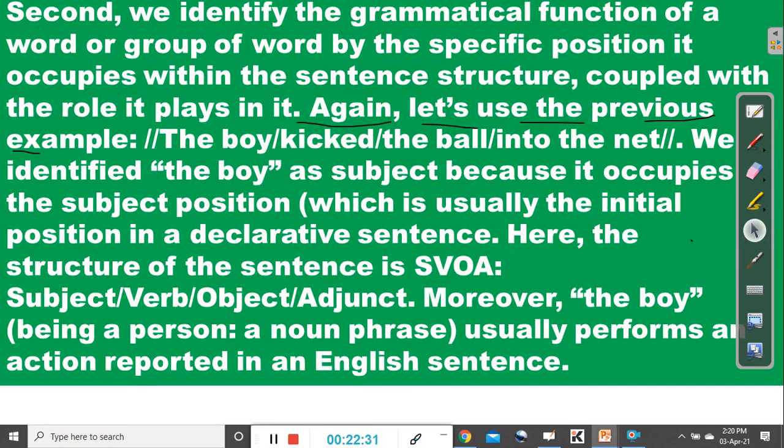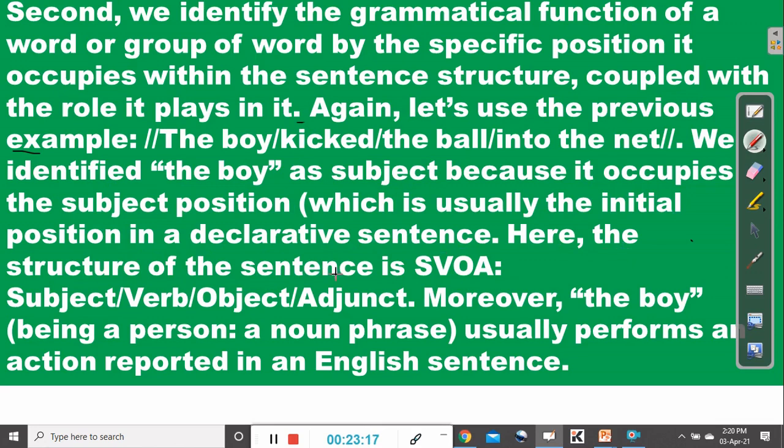Now, the second thing we need to understand is that we identify the grammatical function of a word or group of words by the specific position it occupies within the sentence structure, coupled with the role it plays in it. Let's use the previous example: the boy kicked the ball into the net. We identify the boy as subject because it occupies the subject position, which is usually the initial position in a declarative sentence.